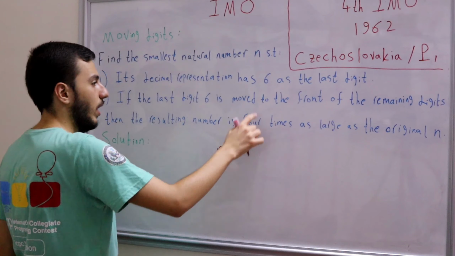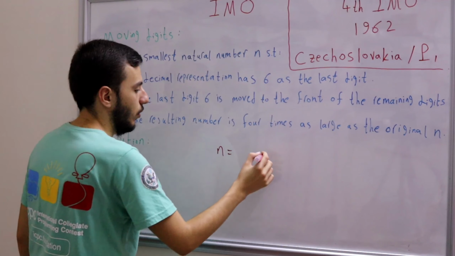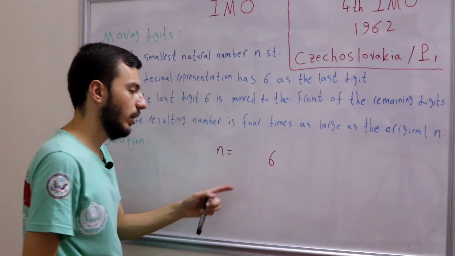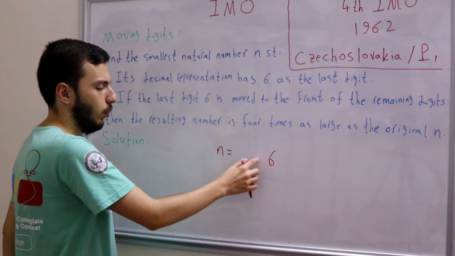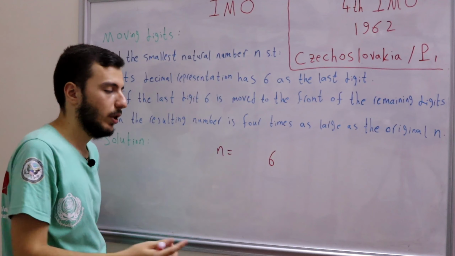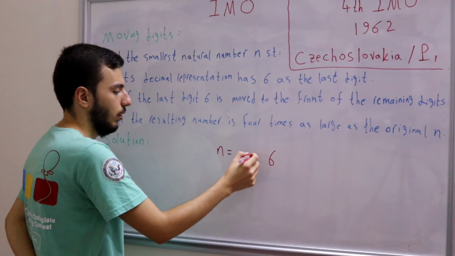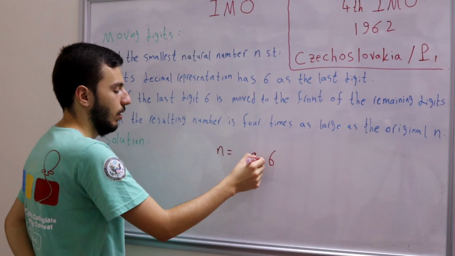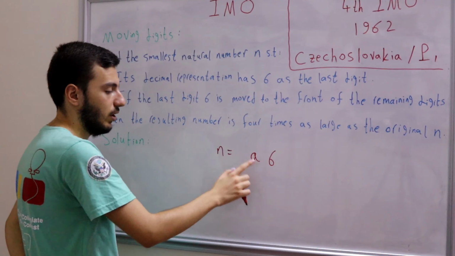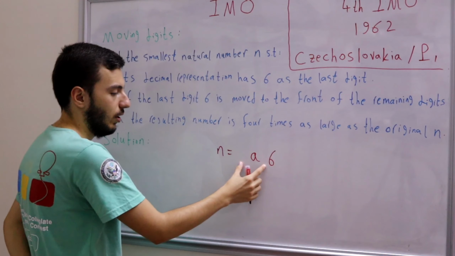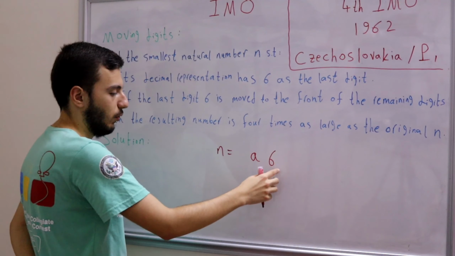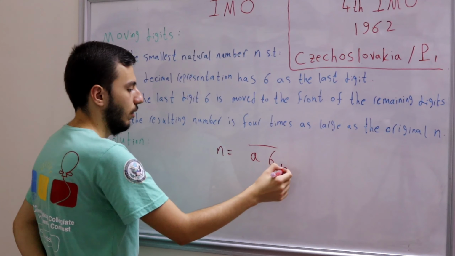We know that its last digit is 6, so we write 6 as the unit digit. We don't need to express all the other digits, so let's say we have a here. Be careful, a is not a digit; a is a set of digits. It's all the digits except for the 6.